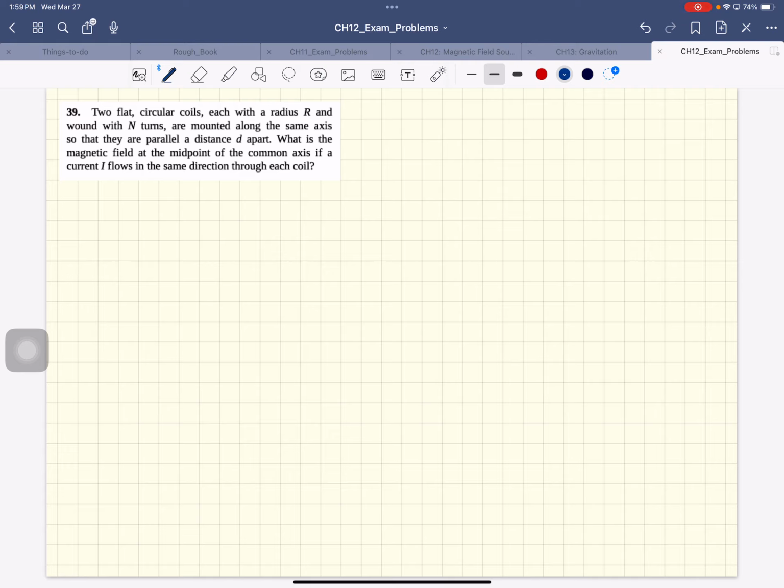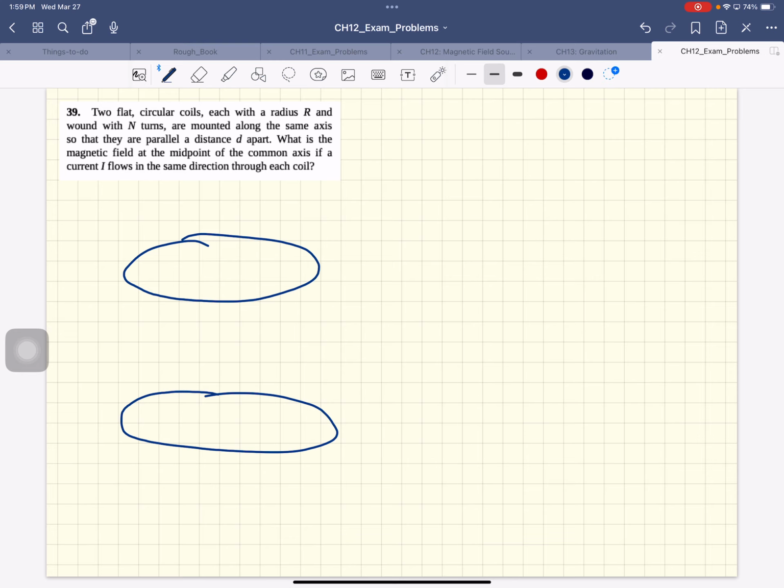Okay, so this problem says two flat circular coils, each with a radius R and wound with N turns, are mounted along the same axis, so they are parallel, a distance D apart. What is the magnetic field at the midpoint of the common axis if a current I flows in the same direction through each coil? Okay, so I'm just going to show you how to do this.